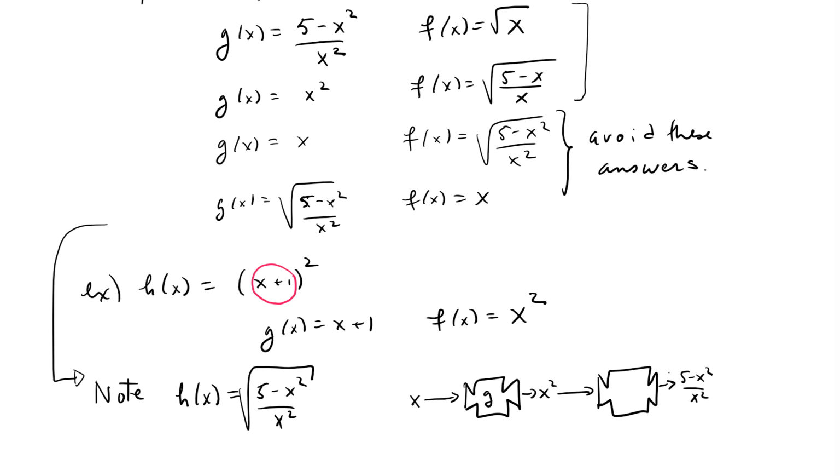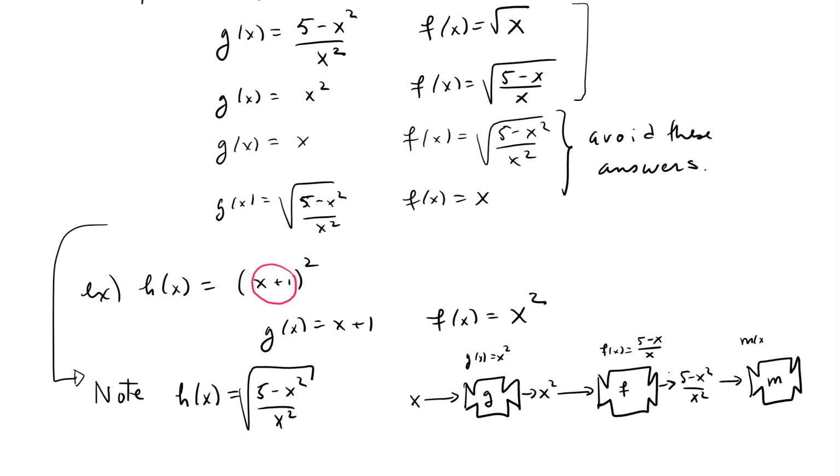Maybe you call that first function machine g, and then f. So g of x here would be just a function that squares. f of x would be the function that takes the input, subtracts it from 5, and divides by the input again. And then you feed that into the square root function. Maybe I need another name. Let's call that m.